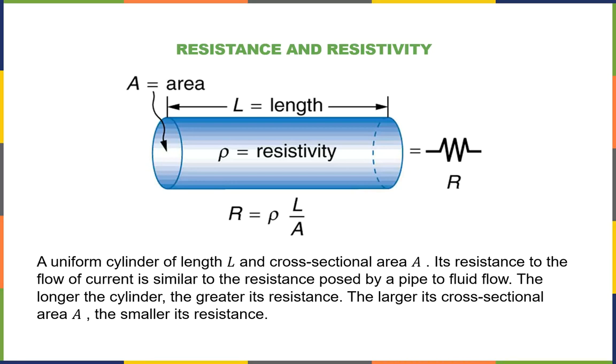Anyone who's worked with electrical wiring knows that you have wire of different gauges, some pretty thick and some very thin. Why? The answer comes down to this. If you have a thick wire, what's that going to do to the resistance? It's going to reduce it.